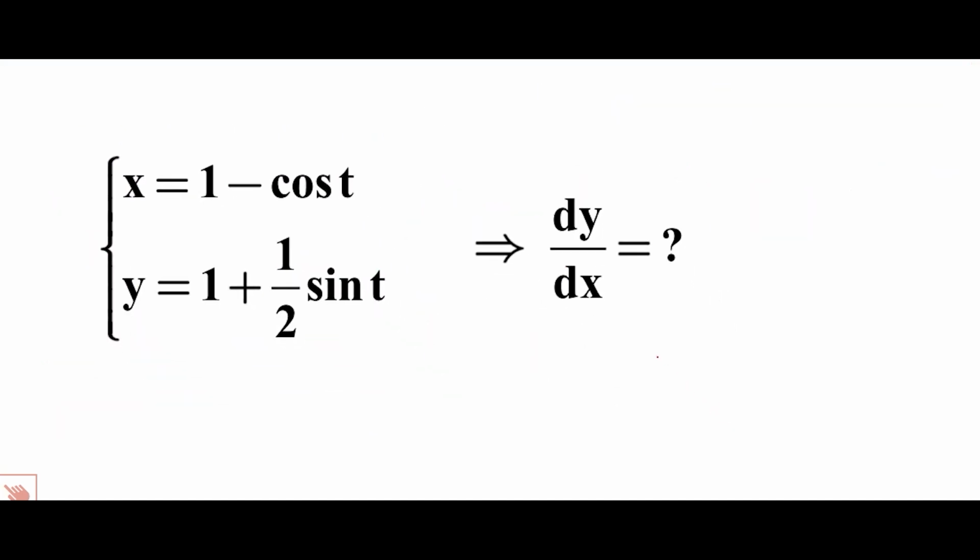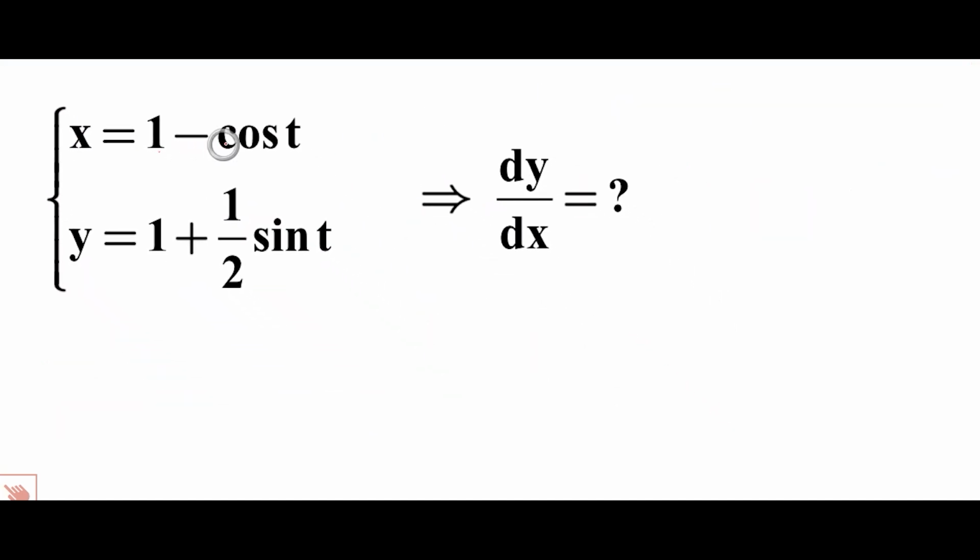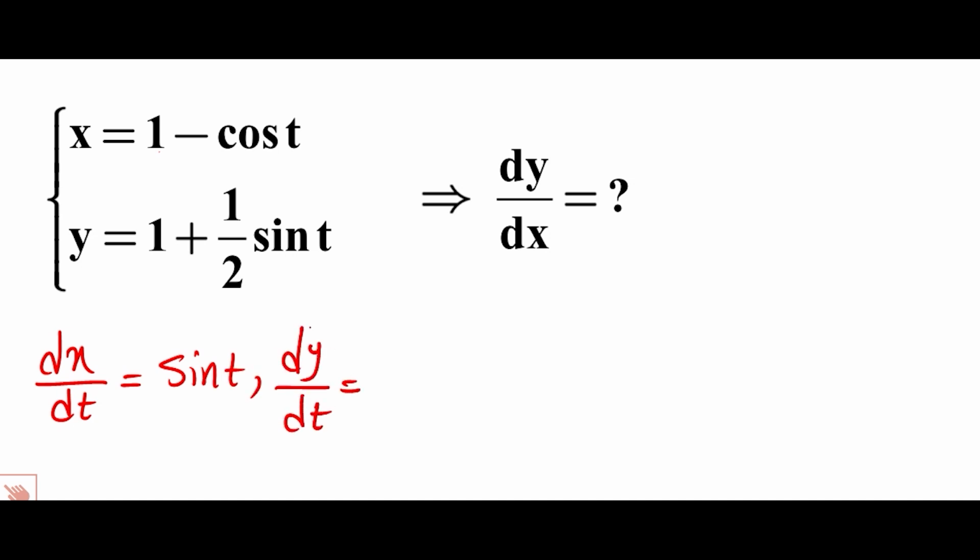Number 2, if x equals 1 minus cosine of t and y equals 1 plus 1/2 sine of t, we're gonna find dy/dx. So first, dx/dt: the derivative of 1 minus cosine of t with respect to t is positive sine of t, and dy/dt, the derivative of y with respect to t, is 1/2 cosine of t.